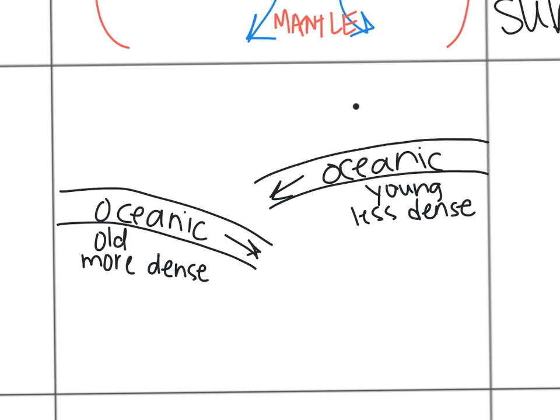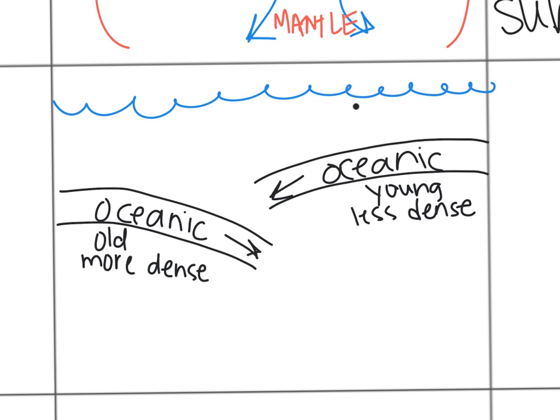So if it's oceanic and continental, the oceanic one will go down. But if it's oceanic and oceanic, it's going to be the older one that has more stuff on it from over time, and that's going to be more dense. And this is in the middle of the ocean, so we're going to draw our little ocean up here.